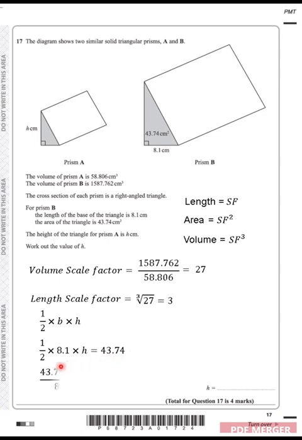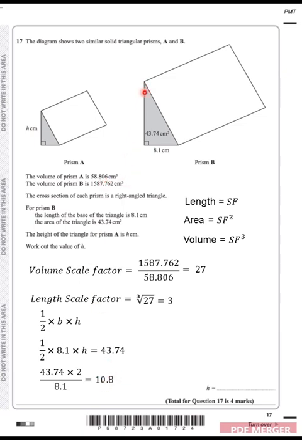So you could do a half times 8.1 and then times h is equal to 43.74. Now 8.1 divided by 2 is equal to 4.05. 43.74 divided by 4.05 will give you 10.8. Alternatively, you could also do 2 multiplied by 43.74 and then divided by 8.1, which is equal to 10.8.